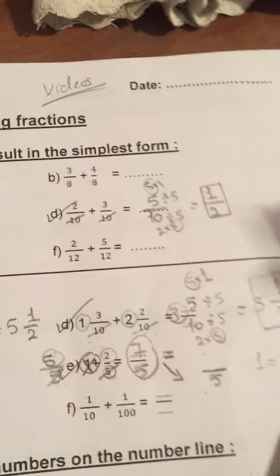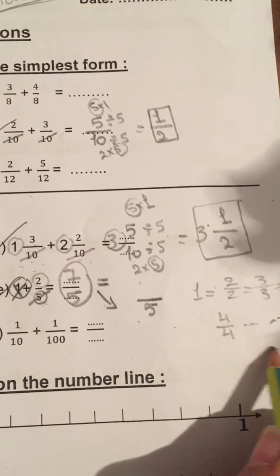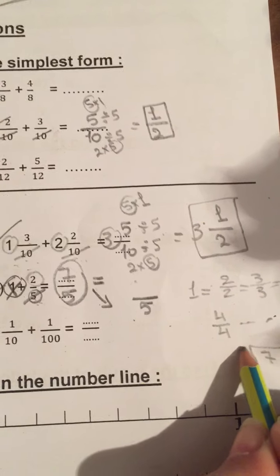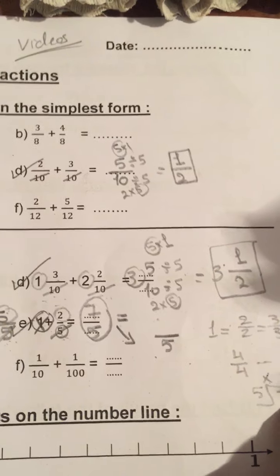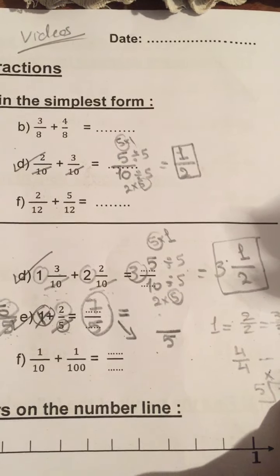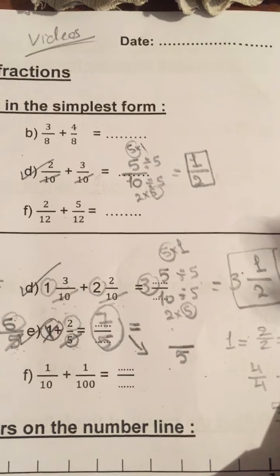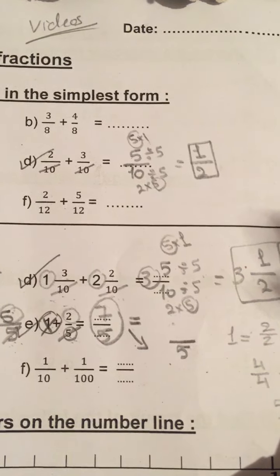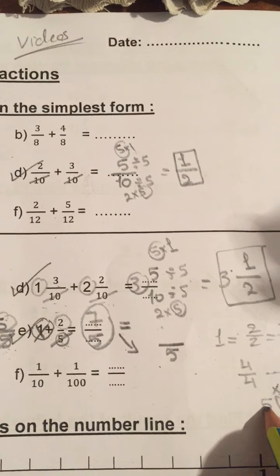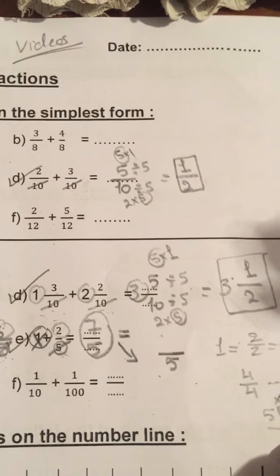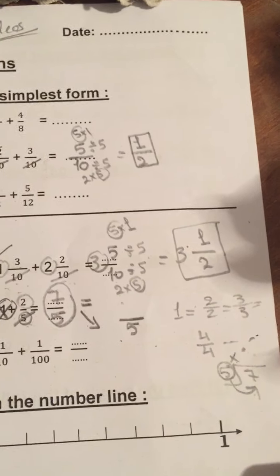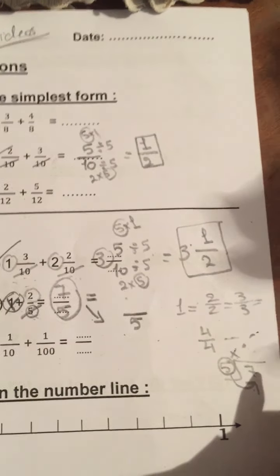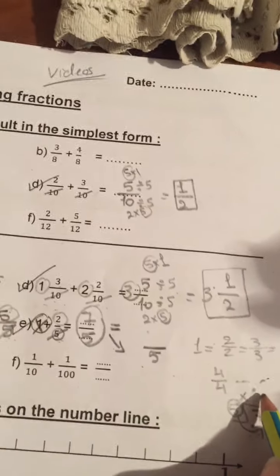Okay, and then I do the long division. 7 divided by 5. 5 times 1 equals 5, and 5 times 2 equals 10. 10 is greater than 7, so I will take 1.